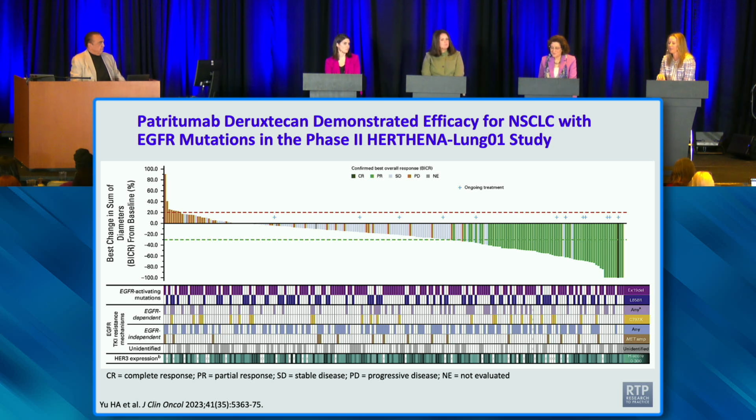When you look down at all of these pretty little colors on the bottom, that first row is showing what kind of EGFR activating mutation is present in each of these individual patients that represent a bar. But if you go all the way to the bottom, you can see HER3 expression, and you can see that there's not a pattern there. There are patients that have very low HER3 and very high. So again, that gets back to the point that I was making, that it really doesn't appear that you need to have high levels of HER3 to get benefit from a drug like Patritumab.